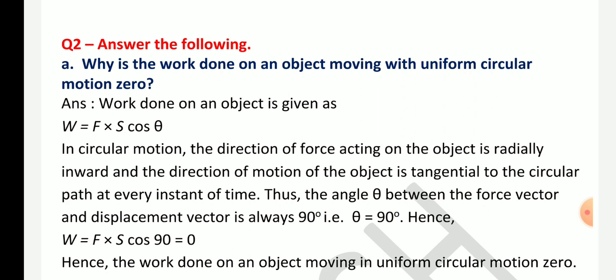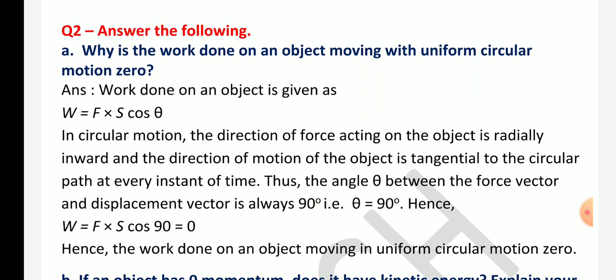Next, question number 2. Answer the following questions. Why is the work done on an object moving with uniform circular motion 0? Let's see the answer. Work done on an object is given as W equals F into S cos theta.